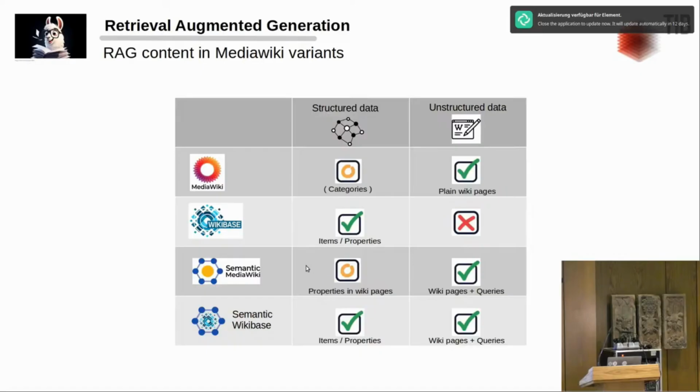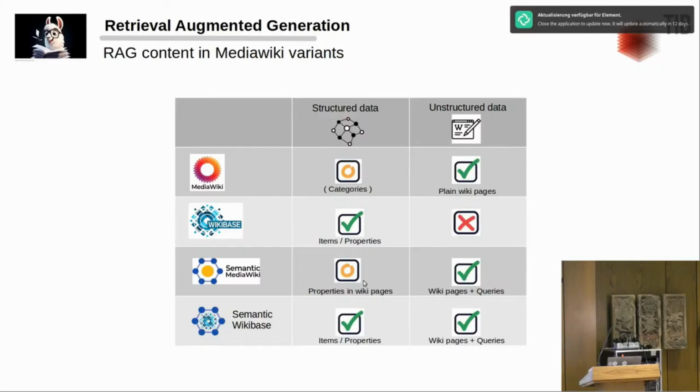With Semantic MediaWiki, we have structured data, like the semantic properties, but these properties are saved within the wiki pages. So this is also kind of mixed content, but we have access to these properties via APIs, for example. And we also have the unstructured data here.